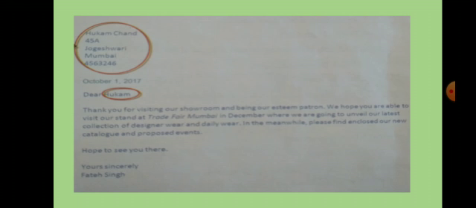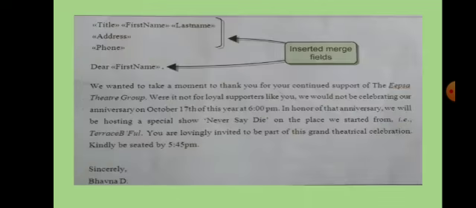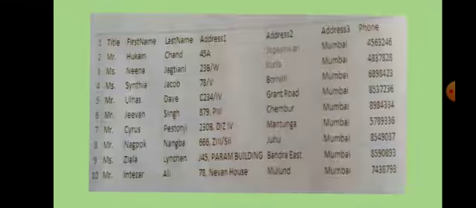And we need to follow some steps while we are achieving the mail merge. The first step is creating data source or recipients list. The second one is, see, you have to create data source like this. You can create data source in MS Word, MS Excel or MS Access.